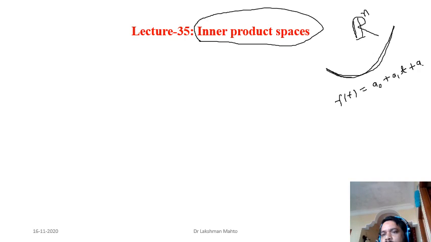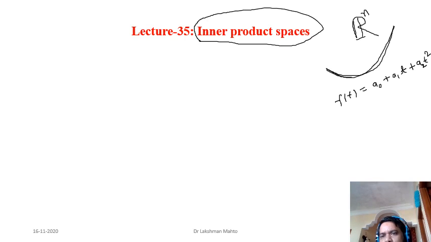It says that it is a curve. It is a nonlinear thing with respect to the variable t. But if you look at this curve closely, it is actually linear with respect to the parameters a naught, a1, a2. So that's why it behaves like a linear kind of structure in a higher-dimensional subspace.